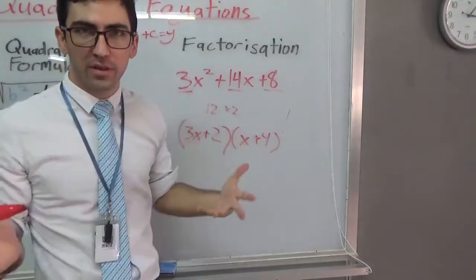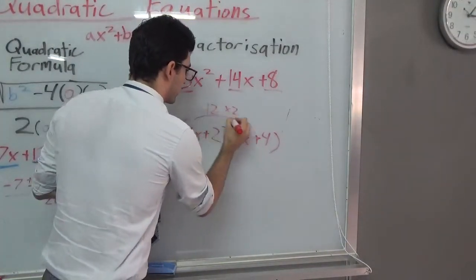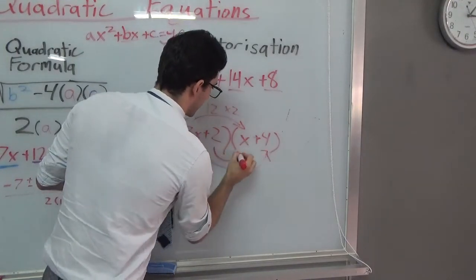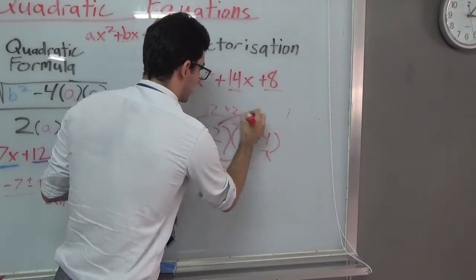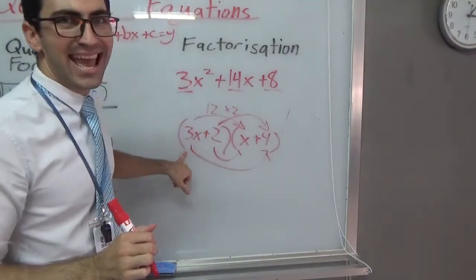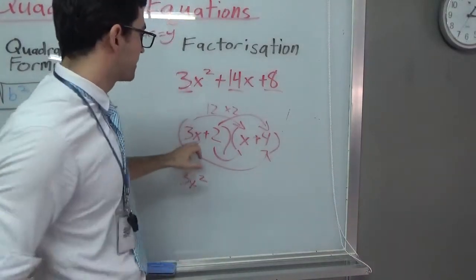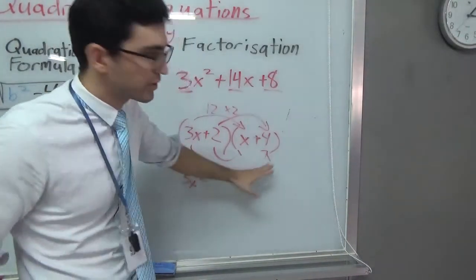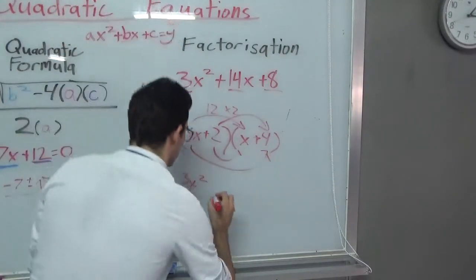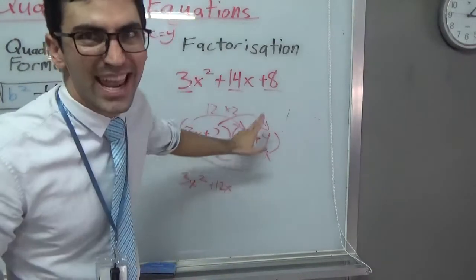So let's do our FOIL method. First, outer, inner, last. We've got our firsts, our outers, our inners, and our lasts. So we're going to multiply 3x times x, 3x squared. Now next we're doing our outers. So we have 3x times 4 is 12x. Now we will do our inners.